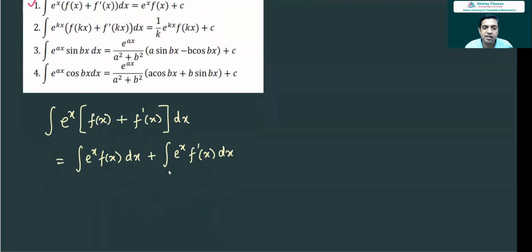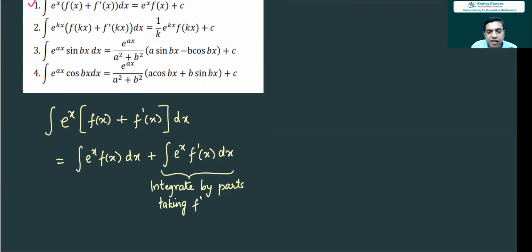So take this function, integrate by parts. So integrate this by parts, taking f dash x as the second function.